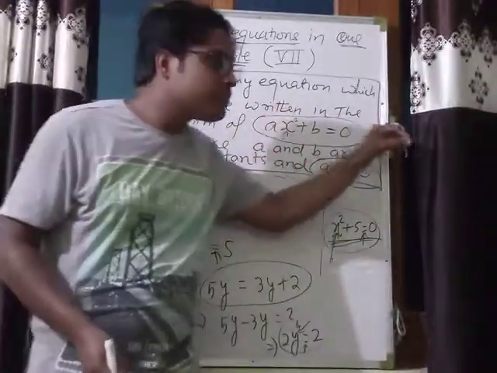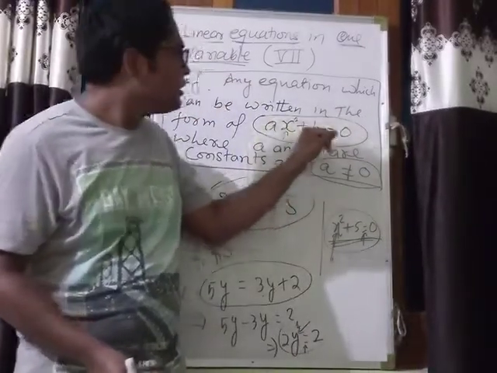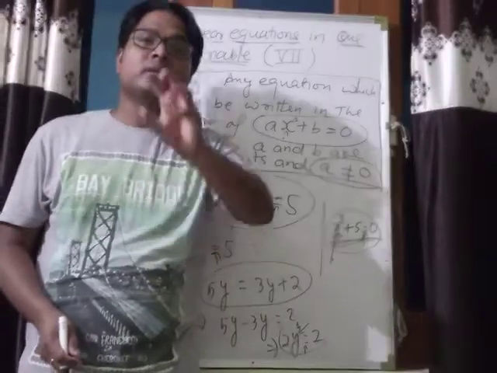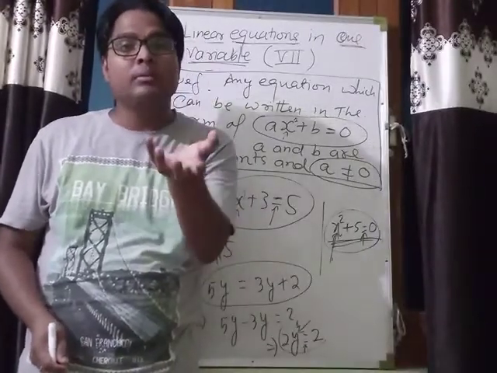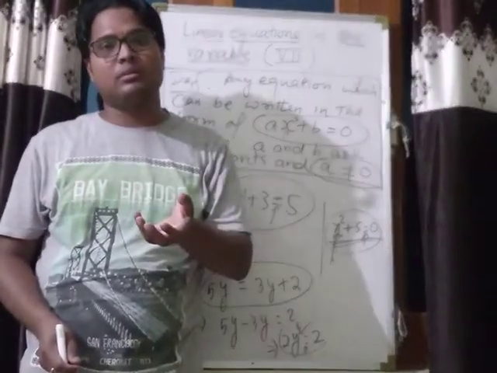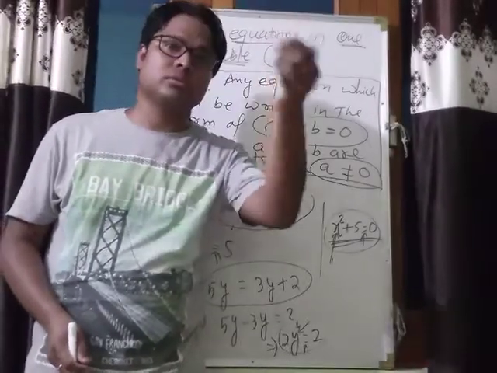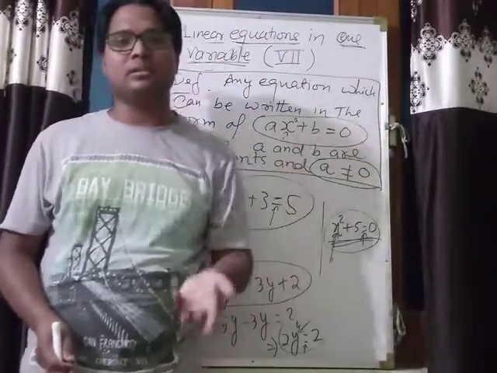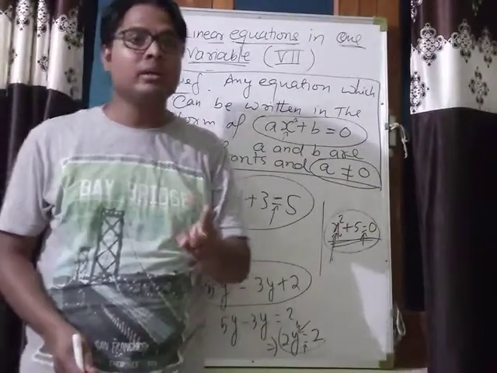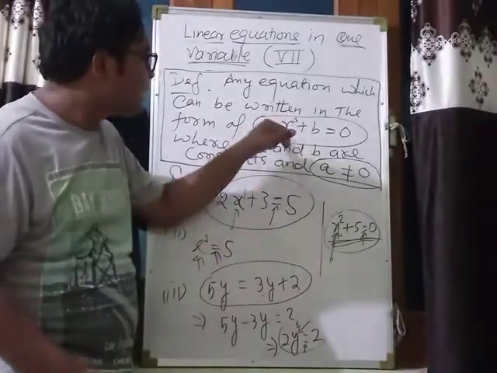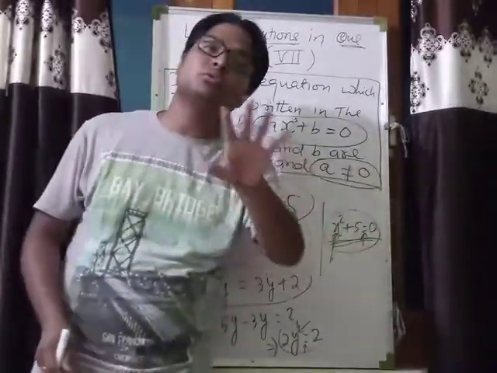So the equation will become b equal to 0, meaning the variable is not present in that equation. So that will not be an equation. That's why we have to write that a and b are constants and a should not be equal to 0.